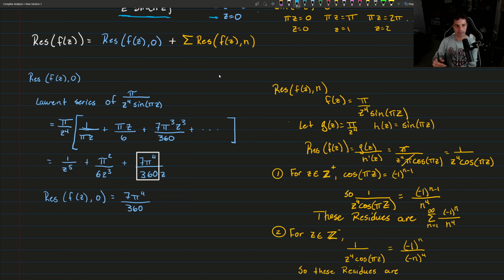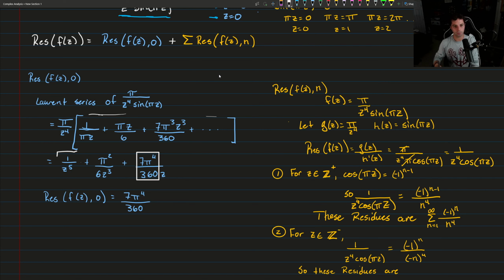I took out the pi over z to the fourth, and then I had the Laurent series for 1 over sine of pi z, which ends up being this in parentheses: 1 over pi z plus pi z over 6 plus 7 pi cubed z cubed over 360 plus, etc. When you multiply pi over z to the fourth times all of that, we get 1 over z to the fifth plus pi squared over 6z cubed, and then 7 pi to the fourth over 360 times z.